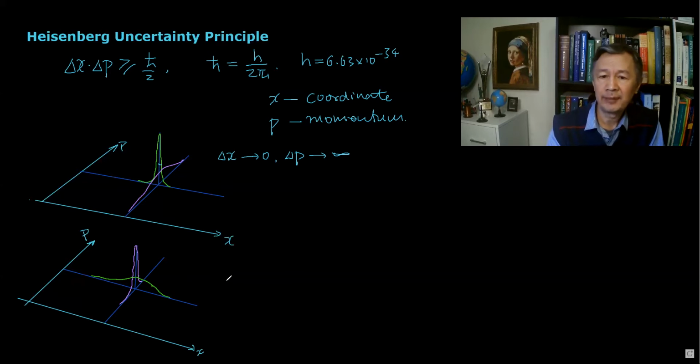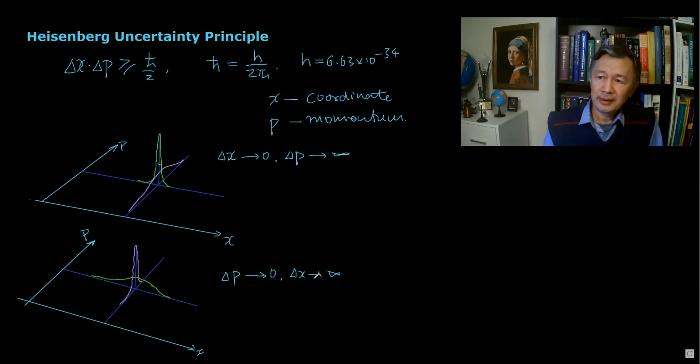Again, in the extreme case, if the standard deviation in measuring the momentum is actually zero, when delta p approaches zero, delta x will approach infinity. So that is what the Heisenberg Uncertainty Principle implies.